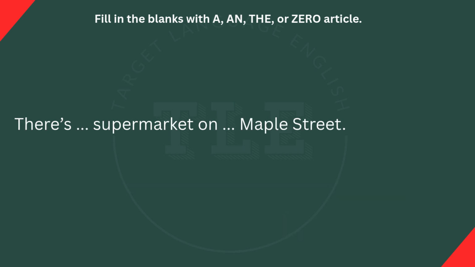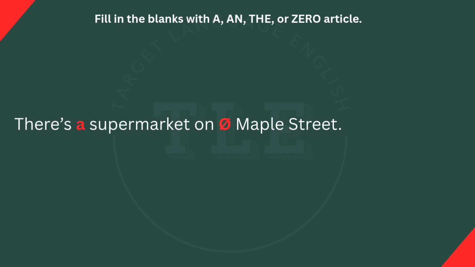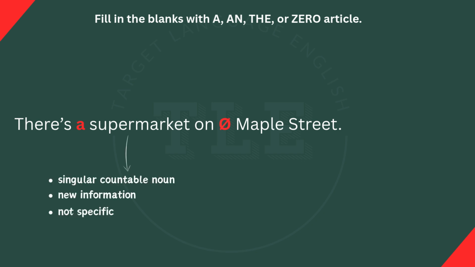Next, there's supermarket on Maple Street. We'll say there's a supermarket on Maple Street. The noun supermarket is a singular countable noun. We're introducing it as new information.